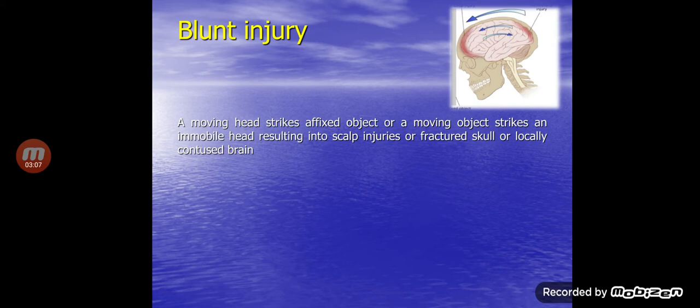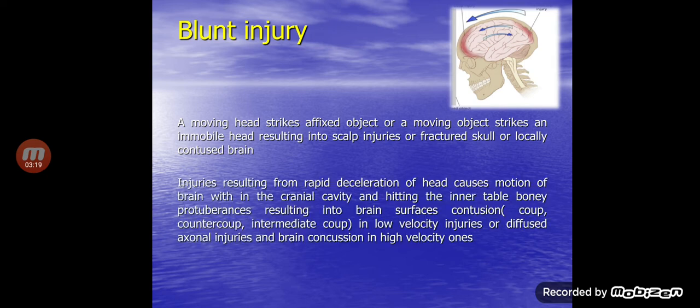Injuries resulting from rapid acceleration of the head cause motion of the brain within the cranial cavity, hitting the inner table's bony protuberances and resulting in brain surface contusions. These are named coup, counter coup, or intermediate in low velocity injuries. But when the velocity of the injury is high, a diffuse axonal injury or a brain concussion may happen.